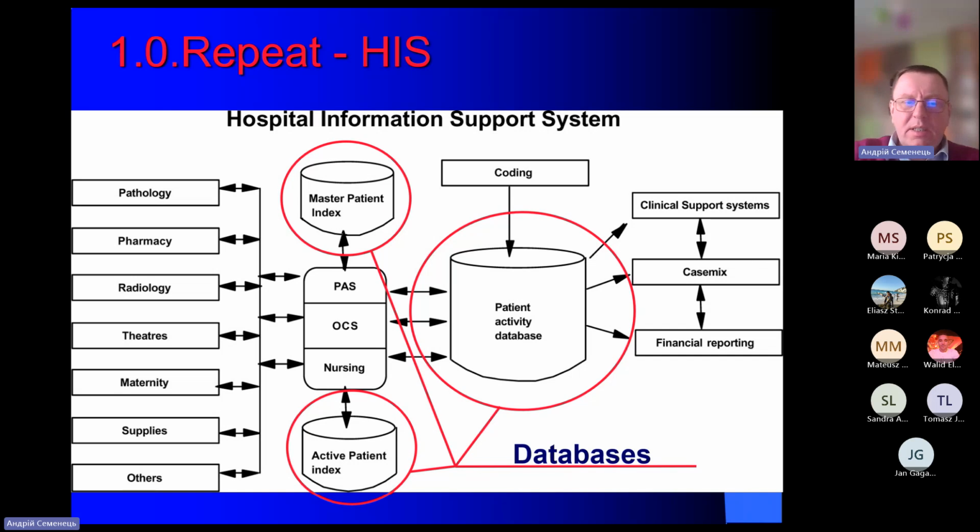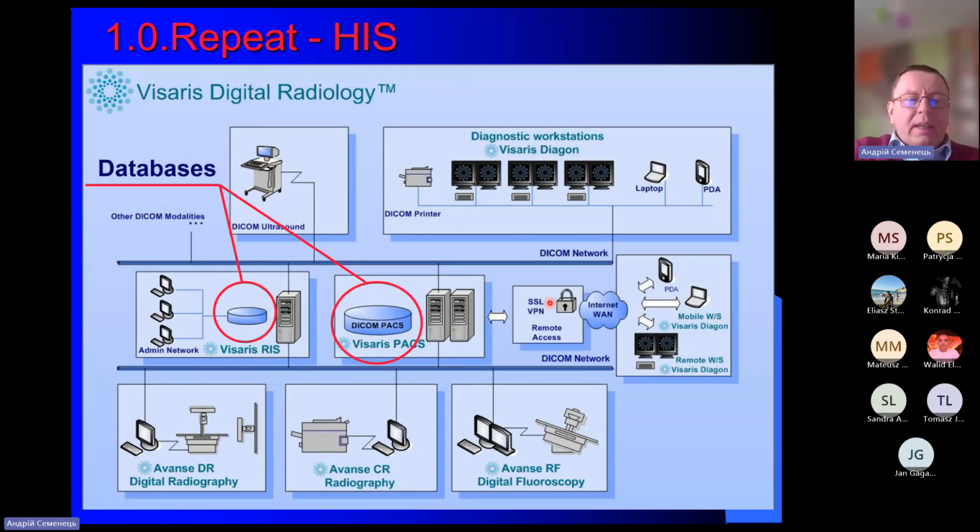If we talk about the logical structure of, for example, a typical hospital or clinical information system, we will see something like this drawing, which reflects the available databases used in this system. And like I said, it's usually more than one. Here is again a diagram which I already showed you when I spoke about PACS and RIS.